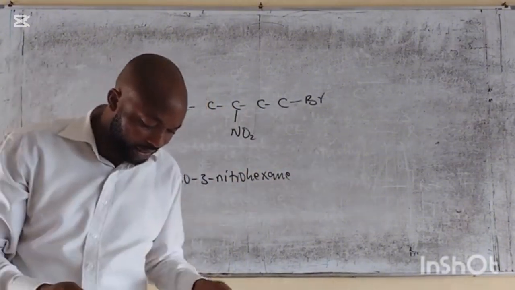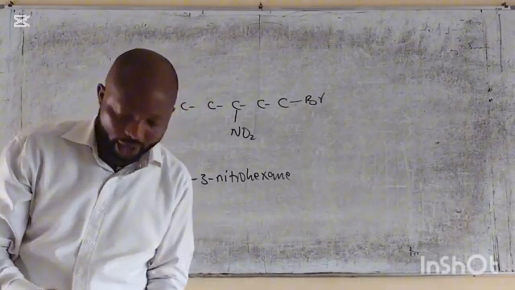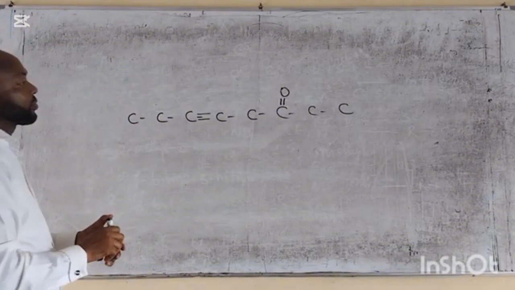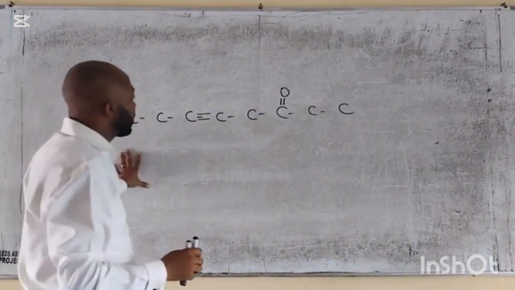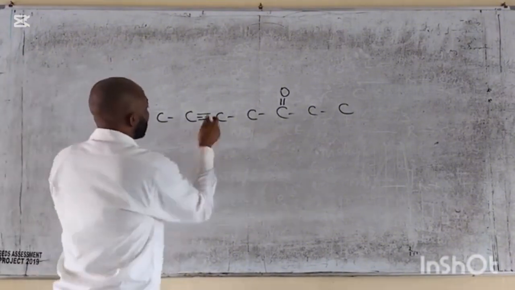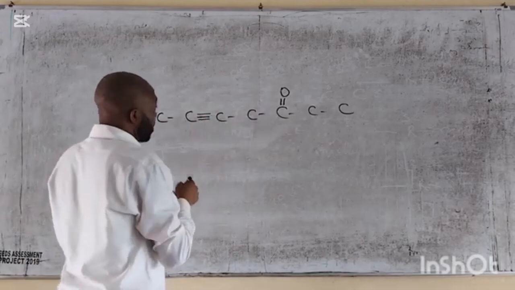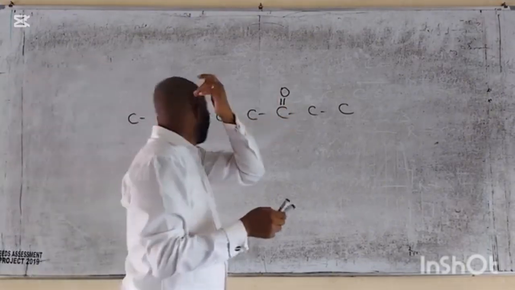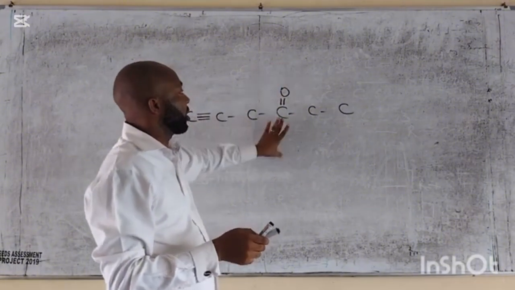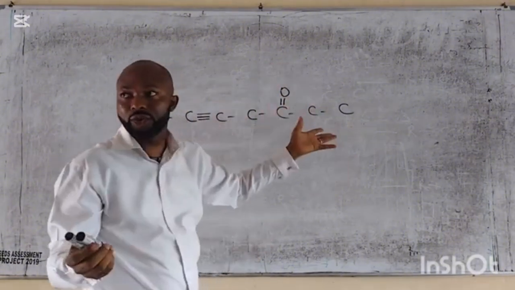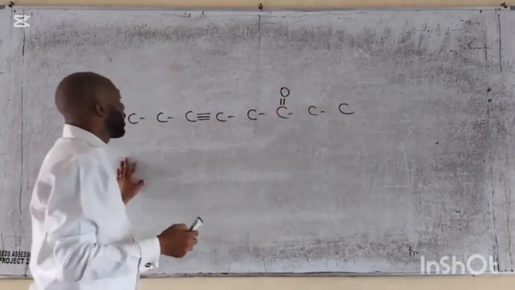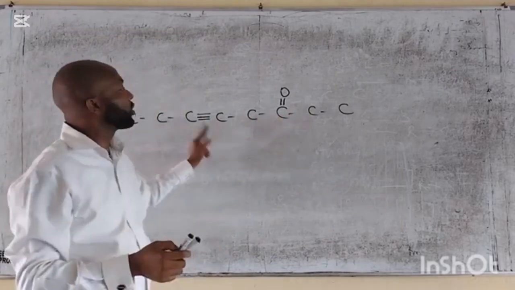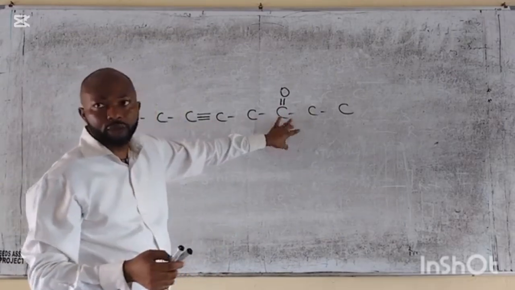Okay, let's take probably another one. Now, if you look here, you see that we have a triple bond and a keto group here, which is the alkanone. So this is more superior to this. So everything will come from here.